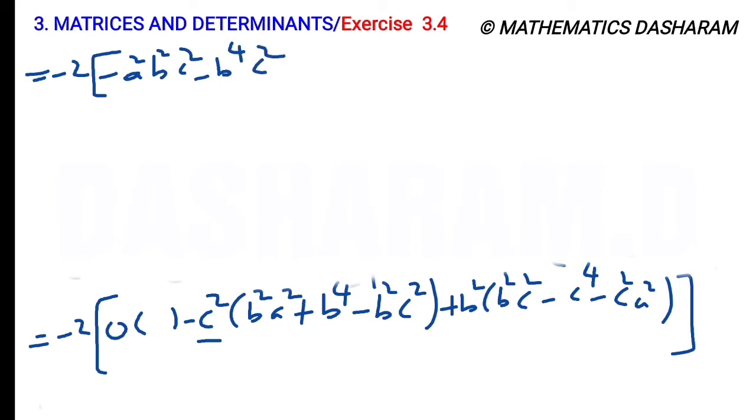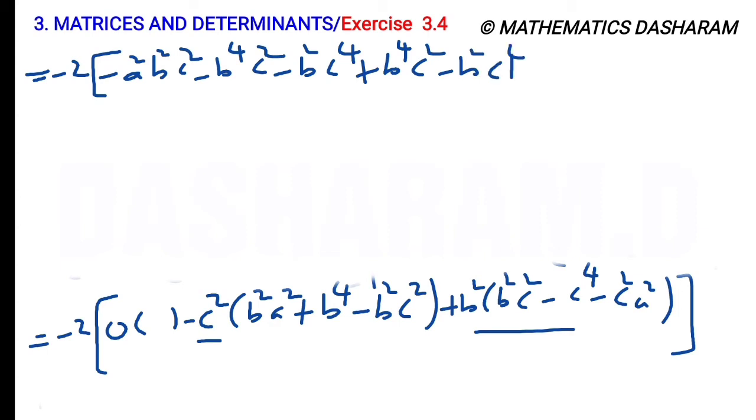Next minus b square into c to the power of 4. Next here multiply inside plus b to the power of 4 c square minus b square c to the power of 4. So next minus a square b square c square.